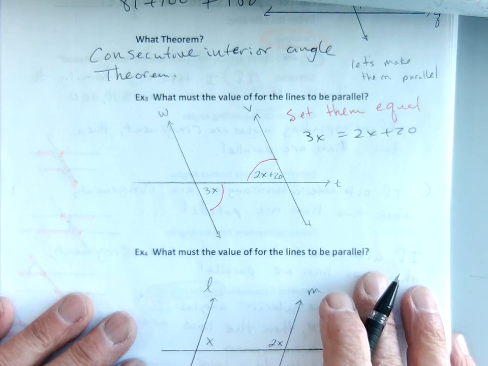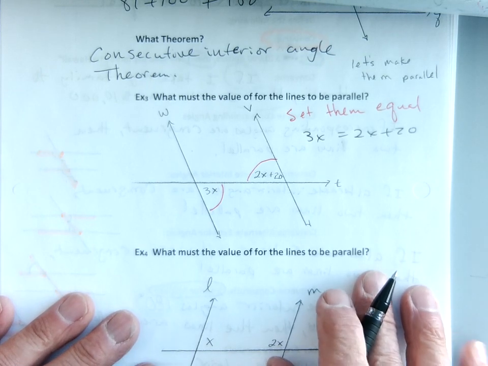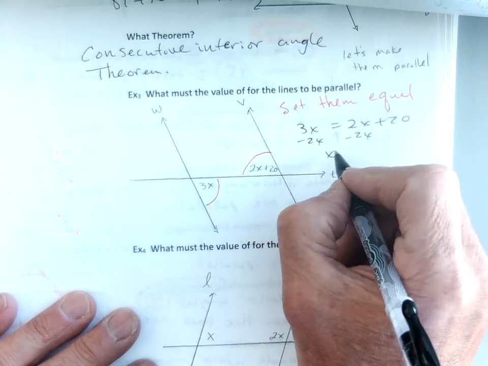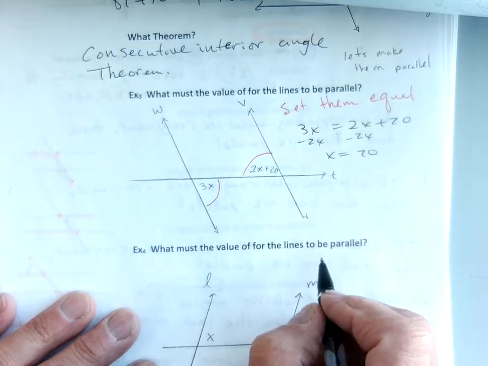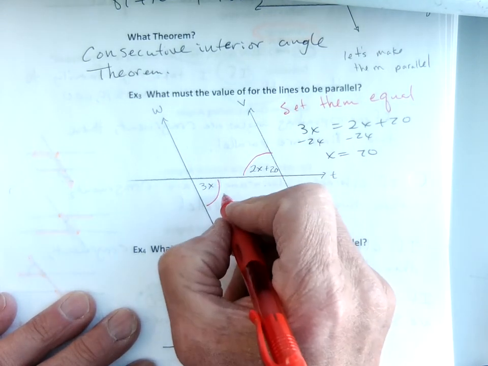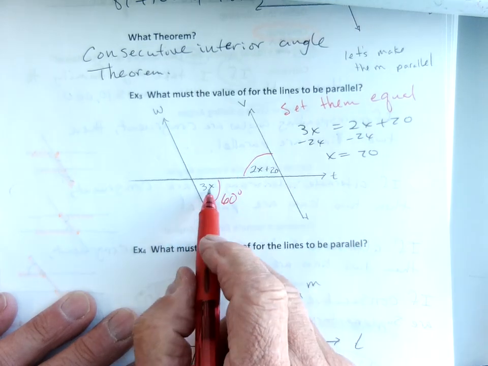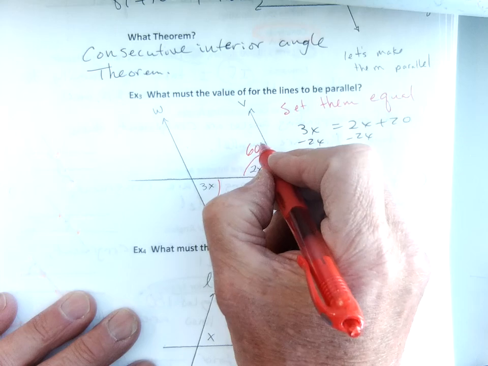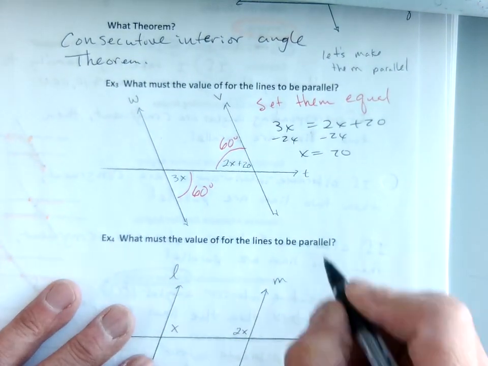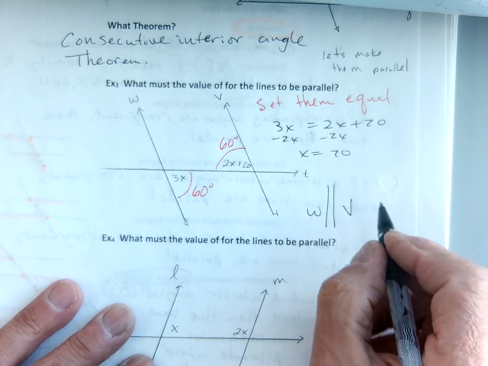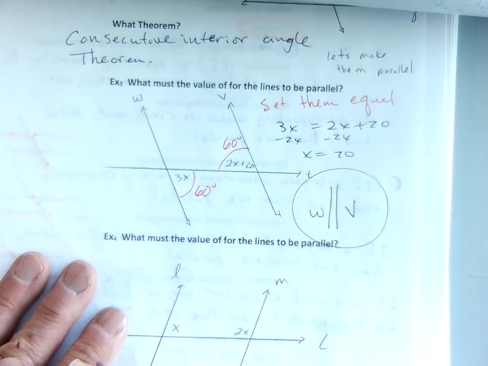Let's solve for x. How am I going to solve for x? Minus 2x, minus 2x. x equals 20. Therefore, this angle is 60 degrees if I put 20 in there, and this angle has to be 60 also. And they're parallel. So then I can write W is parallel to V.